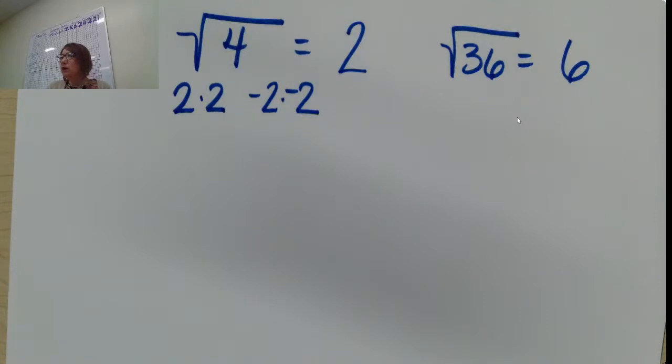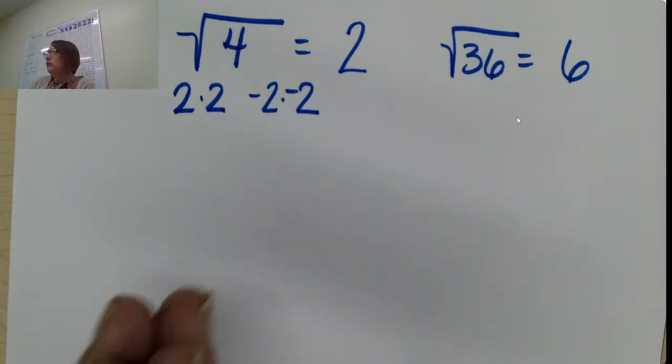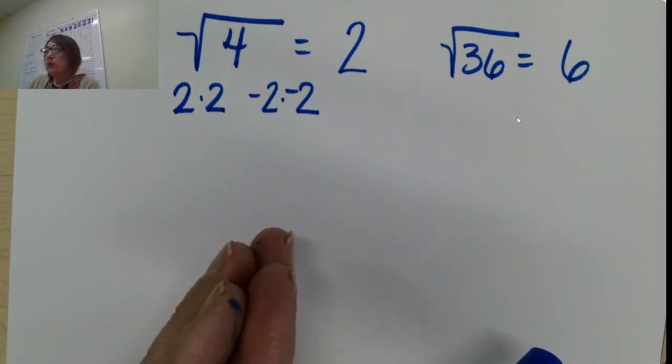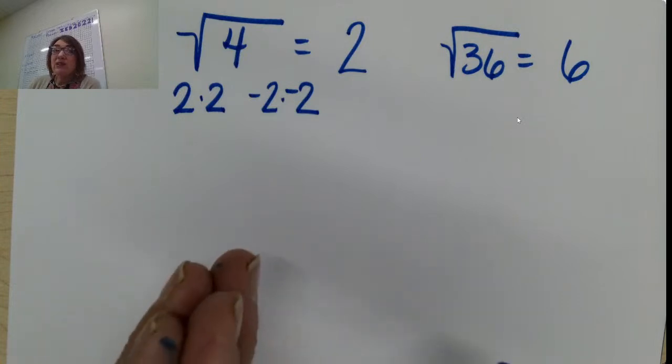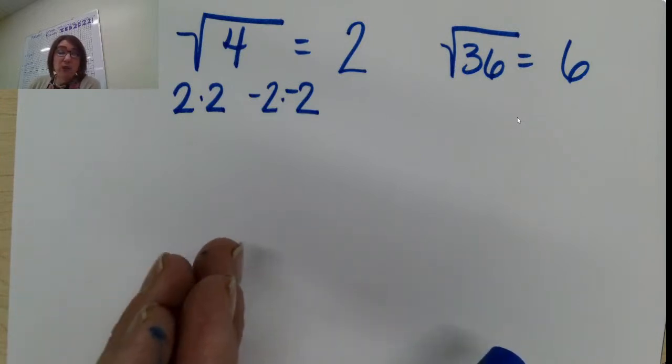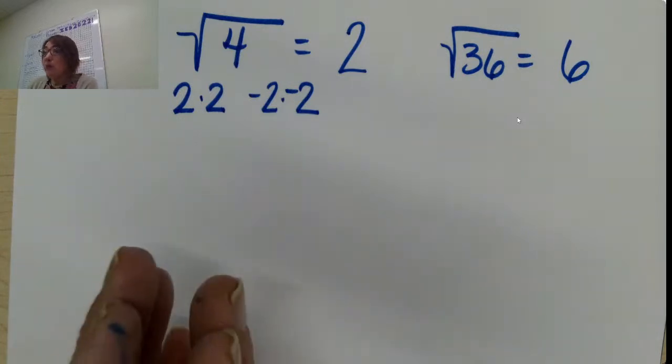Do you know how old you were? Like, I'm thinking like 6th, 7th grade maybe. When you learned about square roots the first time. When they teach you about square roots to start with, they don't go into this because they don't want to scare you, because you don't really know much about negative numbers yet.